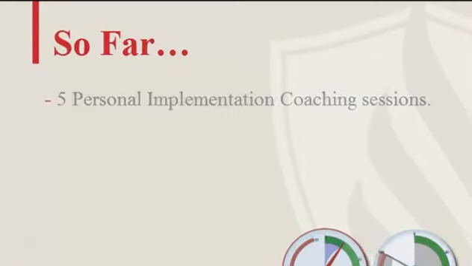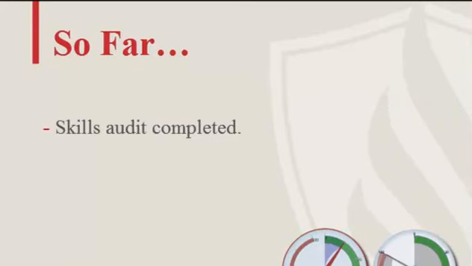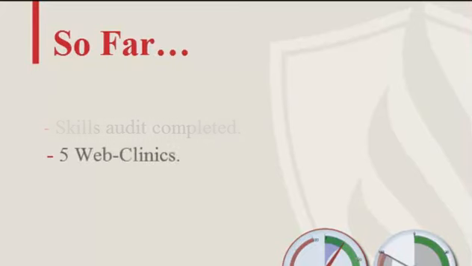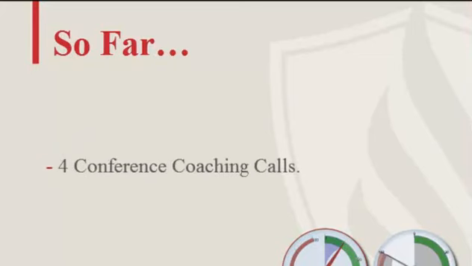So you should have had by now at least 5 of your 6 personal implementation coaching sessions. You would definitely by now have completed your skills audit and one-on-ones with your salespeople, coming up with a skills development plan. You've also been through 5 web clinics, and of course we've had 4 conference coaching calls.